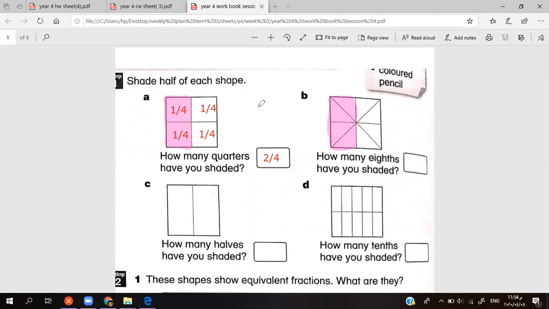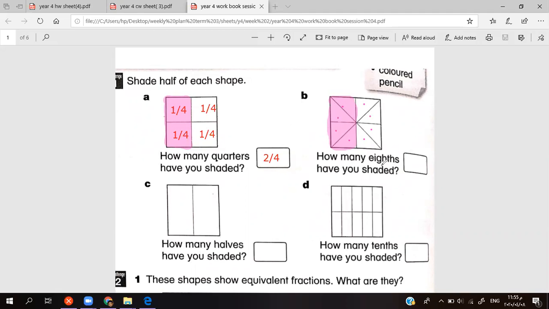Okay. Now, how many eighths have you shaded? Why eighth? Because he divided the shape into 8 parts. Sorry, this is too big. Okay. 1, 2, 3, 4, 5, 6, 7, 8. He divided the shape into 8 parts.